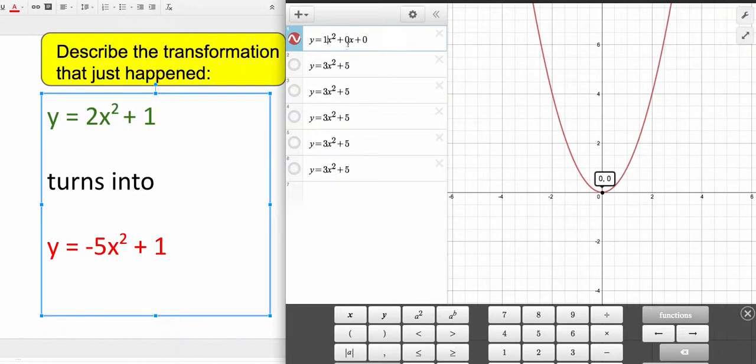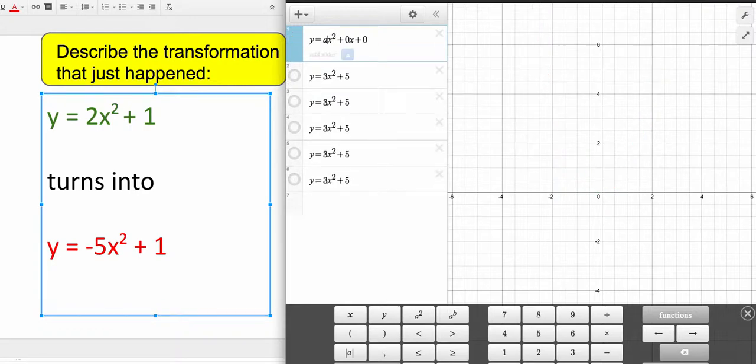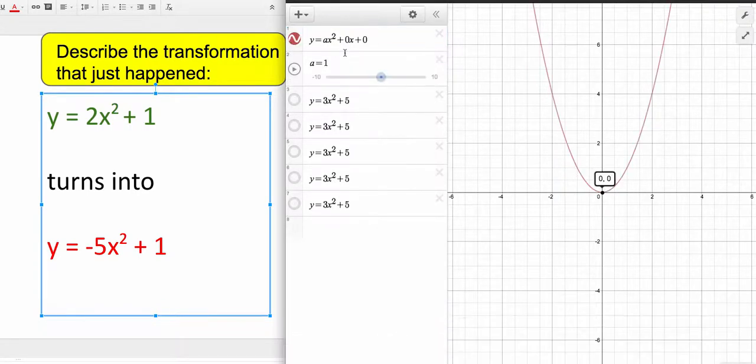If I take this first one, it's a little bit more tricky to see what this one does. So I'm going to make a slider, and I'm going to just call it A, because that's the A variable. So right now this is A equals 1, the one we know. If I drag it this way, it'll make that number bigger. So this will be like 2x squared plus 0x, right? You can see the bigger the A number is, the more narrow it becomes.